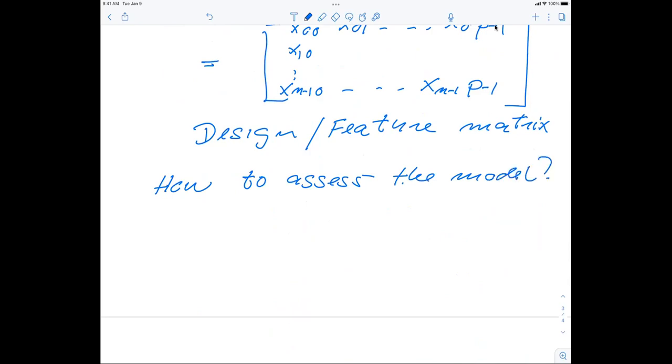So let me try to trigger your intuition. If somebody gives you a model and you have the data, you ask yourself, what kind of measure can I put up to tell, let's say, Oscar here, that my model is the best one possible? Which kind of mathematical function could you think of?